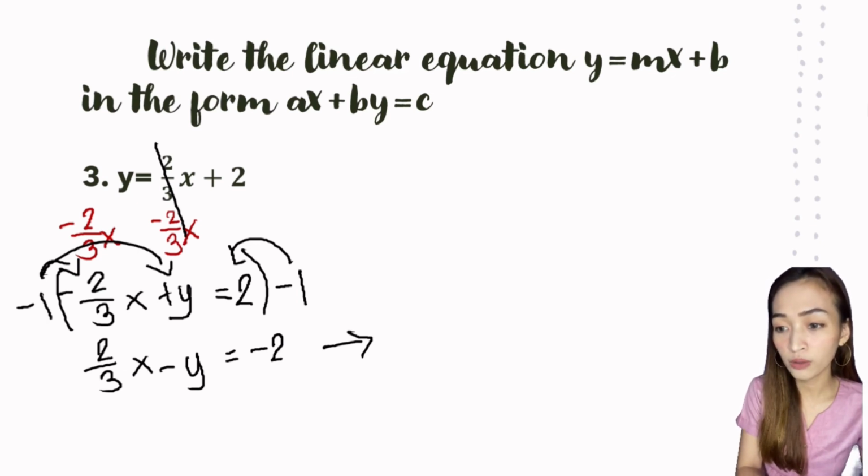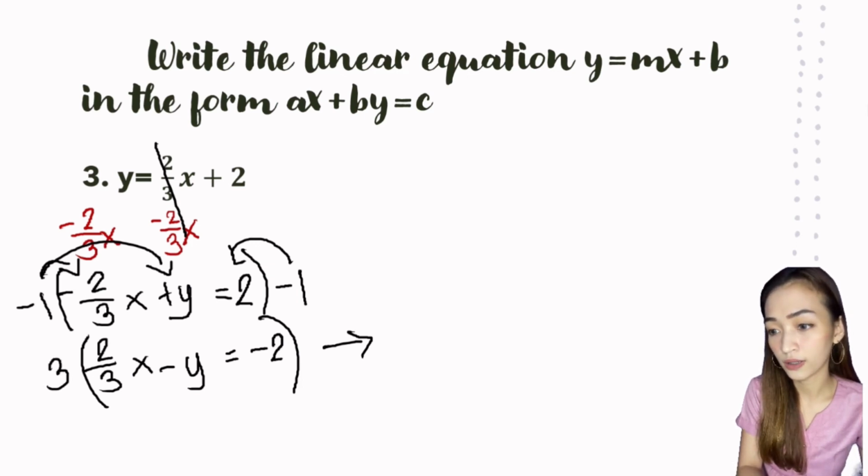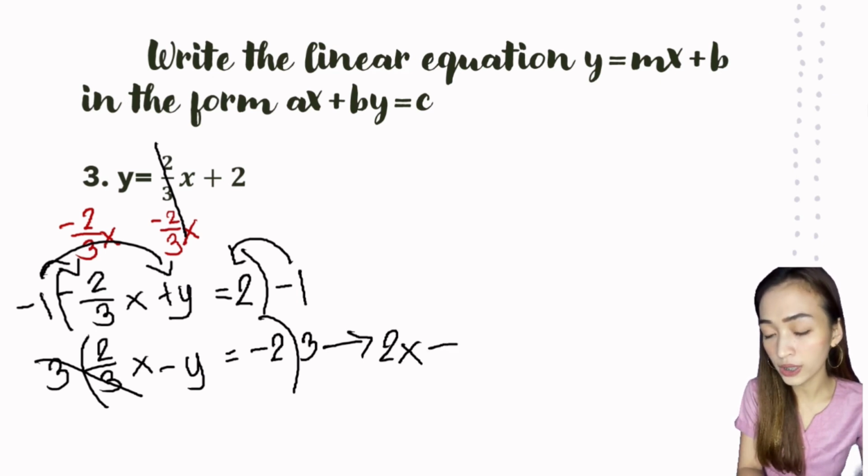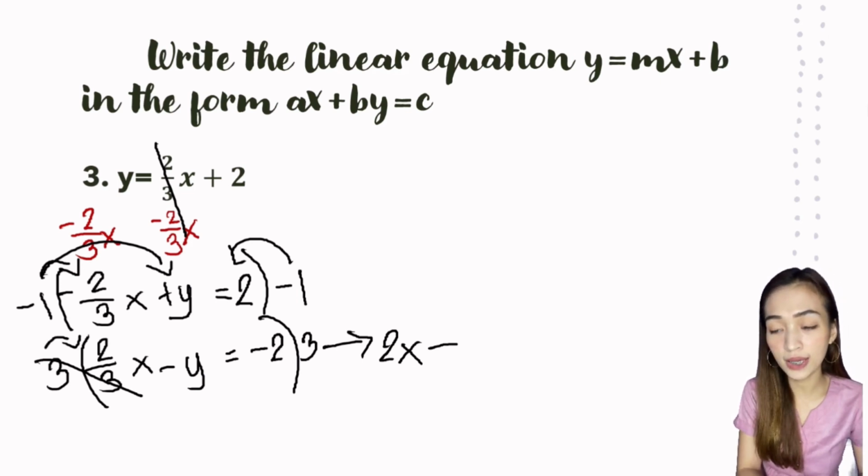So, we will multiply again both sides by their LCD. So, the LCD of this is 3. So, we will cancel 3 here. Okay? So, we have now 2x minus, because 3 times 2 is 6 divided by 3 is 2.